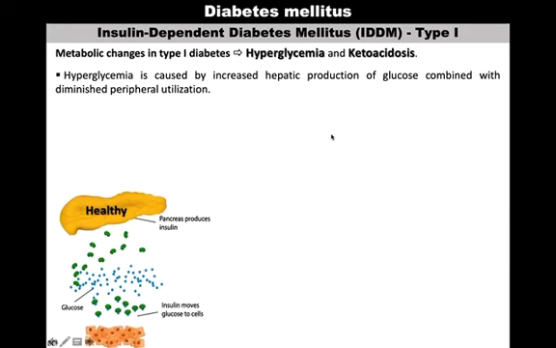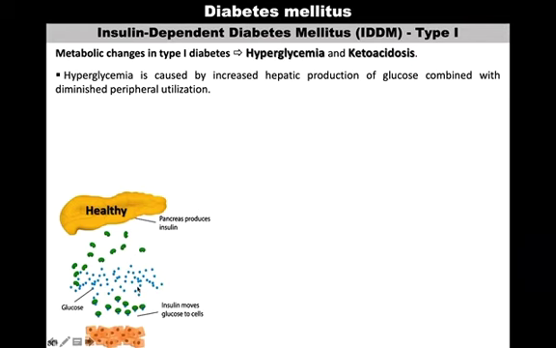So actually we will see that type 1 diabetes will lead to metabolic changes, which are hyperglycemia and ketoacidosis. Hyperglycemia is caused by the increased hepatic production of glucose, combined with the decreased utilization of peripheral glucose. Normally in a healthy individual, the pancreas produces insulin. This is the green structure.